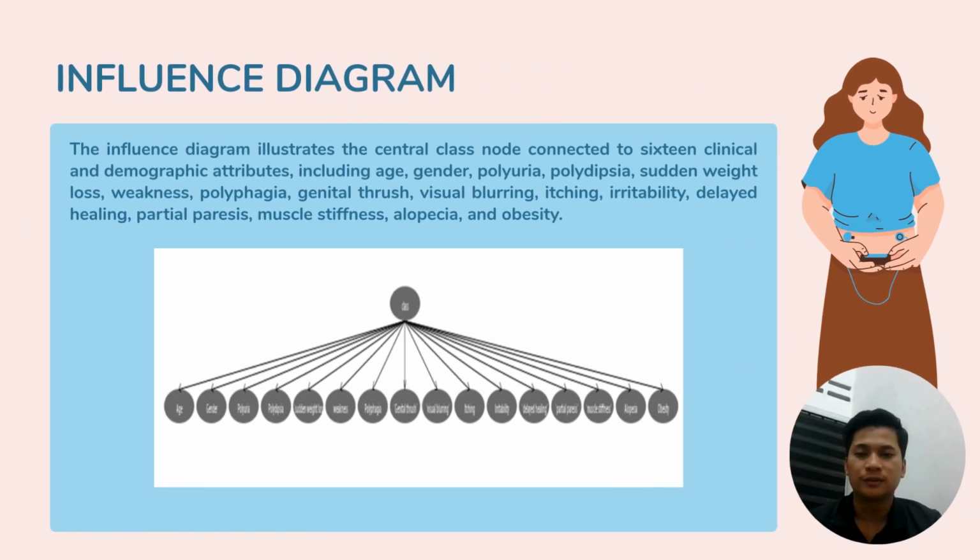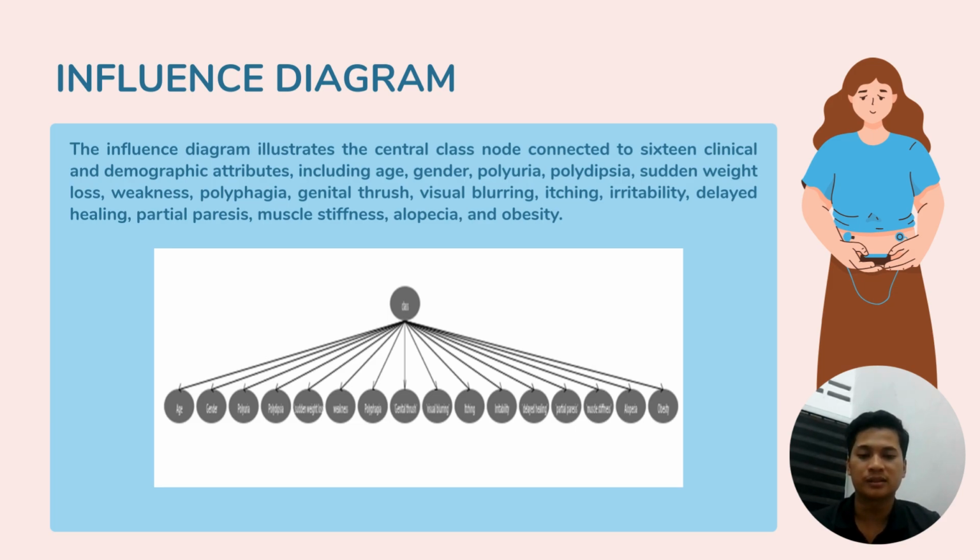The influence diagram illustrates the central class node connected to clinical and demographic attributes, including age, gender, polyuria, polydipsia, sudden weight loss, weakness, polyphagia, genital thrush, visual blurring, itching, irritability, delayed healing, partial paresis, muscle stiffness, alopecia, and obesity.